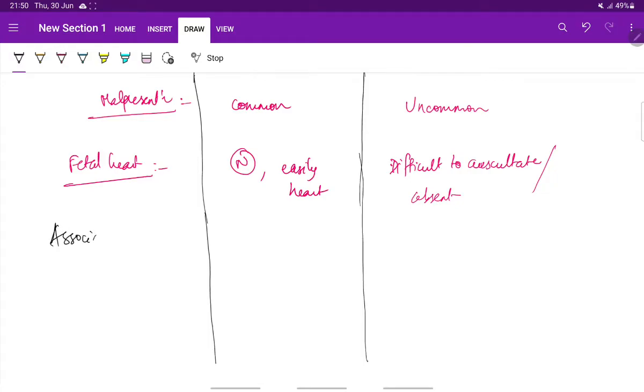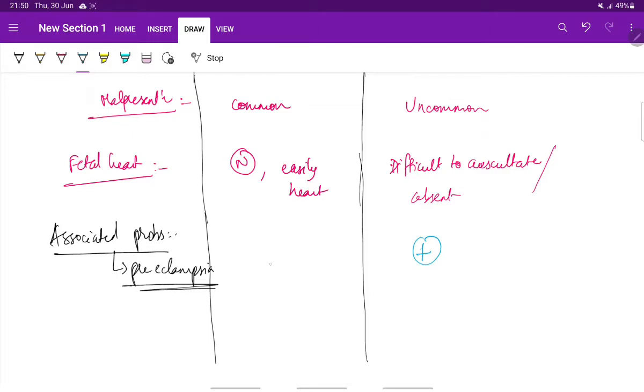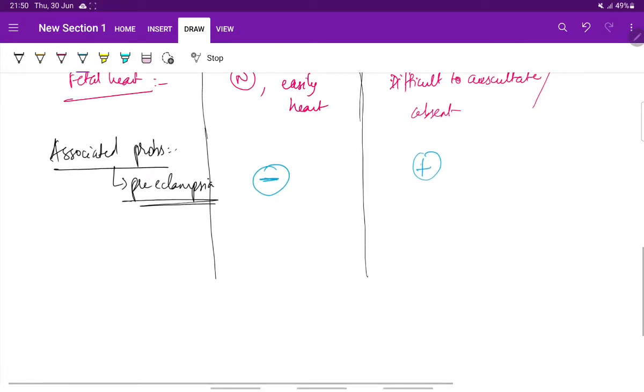There will be more associated problems like preeclampsia, which are more common in abruptio placentae, whereas in case of placenta previa there will be usually no such symptoms.